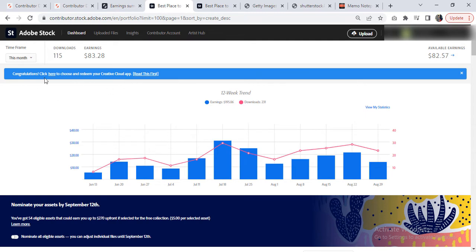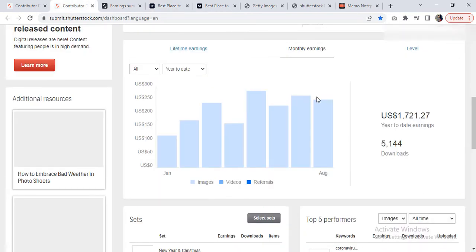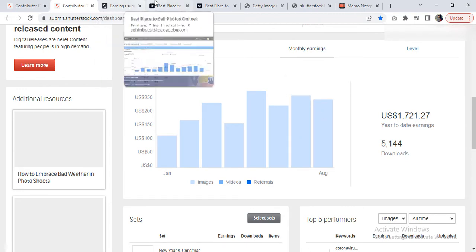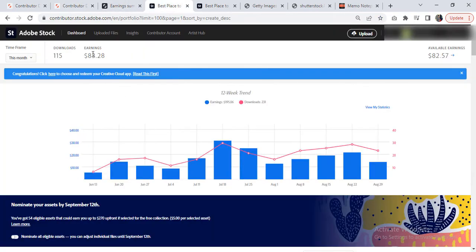Okay, so still I'm getting reasonable results. This is not something that should be ignored. So this is a reasonable contribution. So if I add up the amount for my Shutterstock, it is $250, and then if I add this $80 to that one, it becomes $330, I guess.